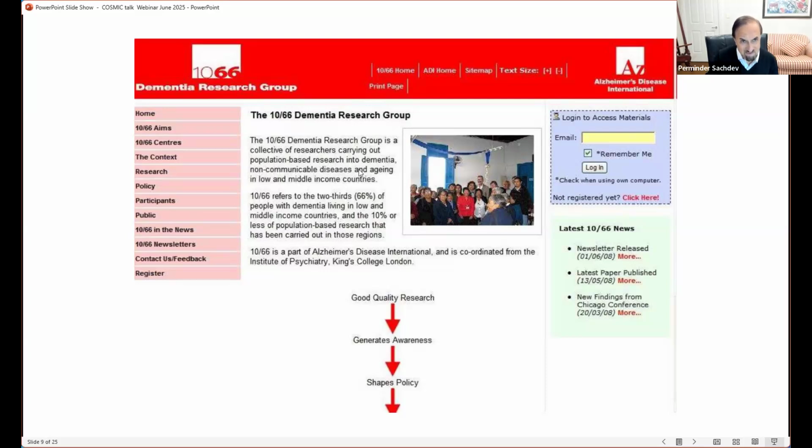This term 1066 came from the fact, a near fact really, that even though 66% of the people with dementia lived in low and middle income countries, only 10% of the research was coming from there. And that needed to change. So a number of countries participated in these. But since then, there has really been no major global effort to collect data from around the world.